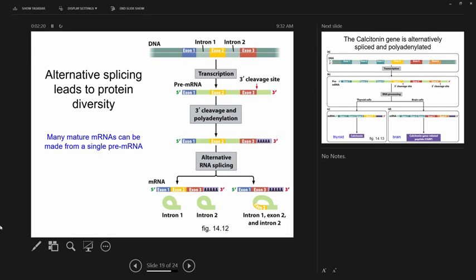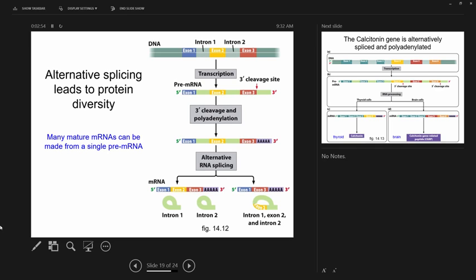All right, so here we go. We're talking about alternative splicing. So we said last time, here's an example where you can have 3 exons and 2 introns, and depending on where the splicing occurs, you can have either a messenger RNA that includes all 3 exons if the splice donor and acceptor between exons 1 and 2 are used, and then the splice donor and splice acceptor between exons 2 and 3 are used.